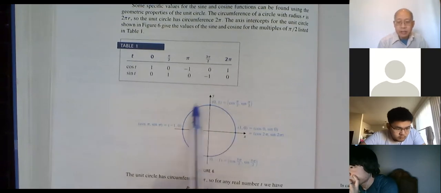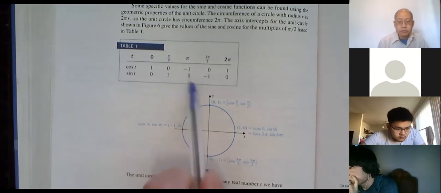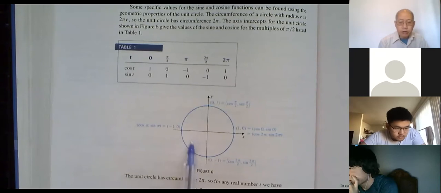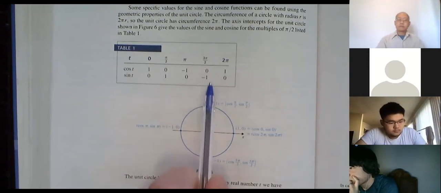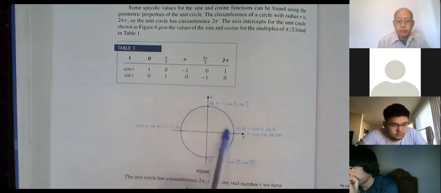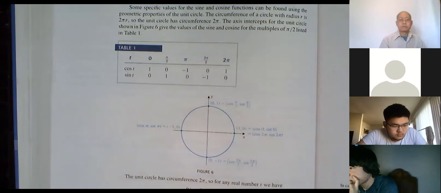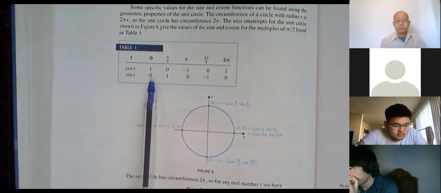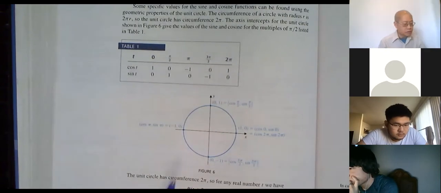Sine of pi, that means I'm coming all the way here, 180 degrees, y-coordinate, 0. 3 pi over 2, 3/4 of the way around. What's the y-coordinate? -1. And then 2 pi, I'm back to where I started from, all the way around. What's the y-coordinate? 0. Okay, so there we go. So you can put it on your cheat sheet, I suppose, or think of the unit circle.